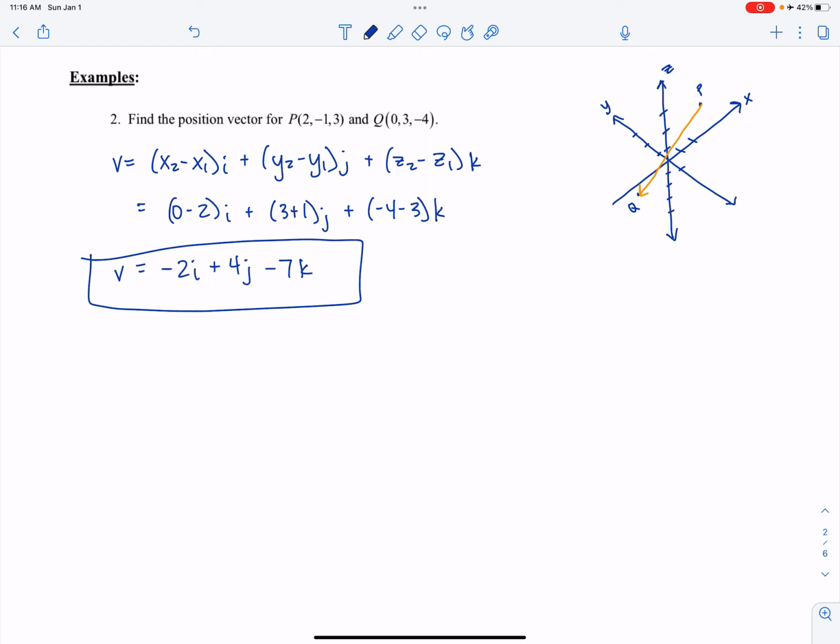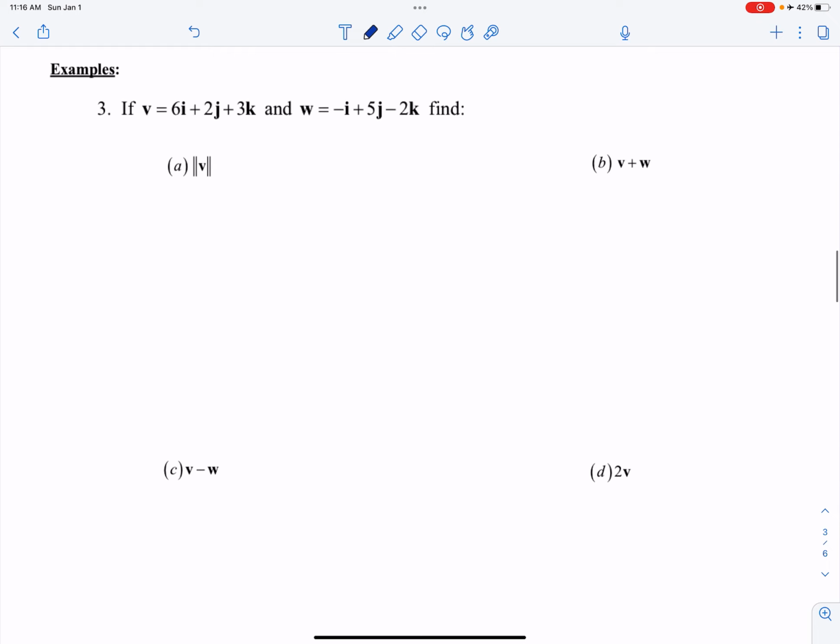Now, if we have two vectors, v and w, we can find all of these different calculations. First, we'll look at the magnitude of v, which we've done before, so this should be a nice review question.